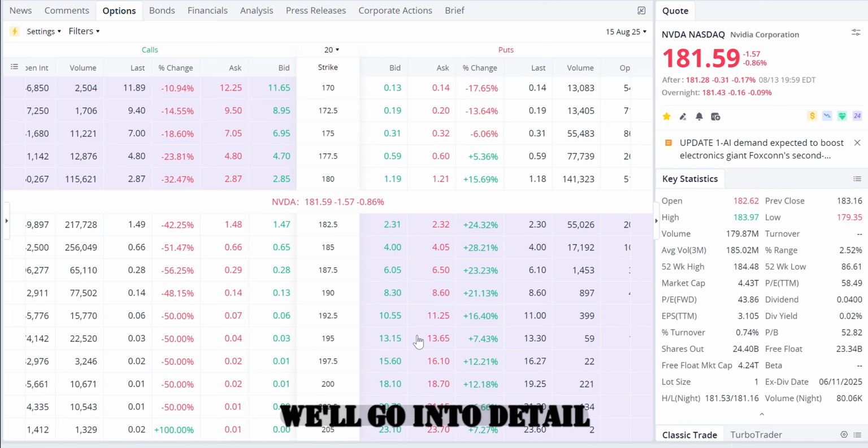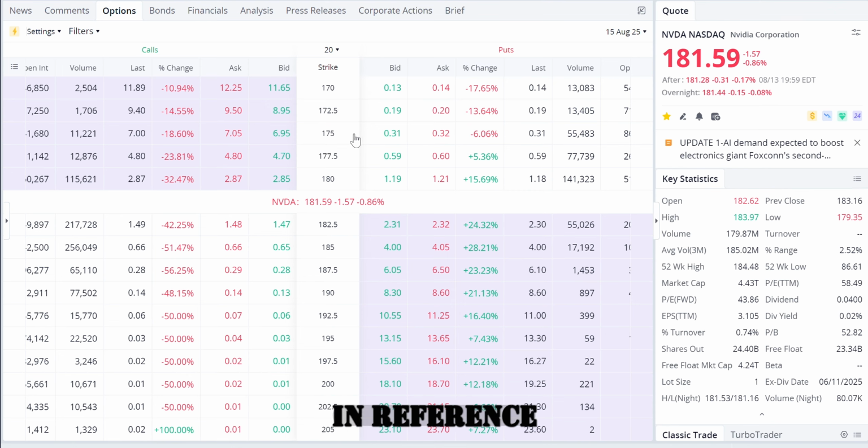We'll go into detail about this color differential and how this price doesn't seem to match a down. We'll go over that. The color means something. On the call side, there's a whole group that's colored.